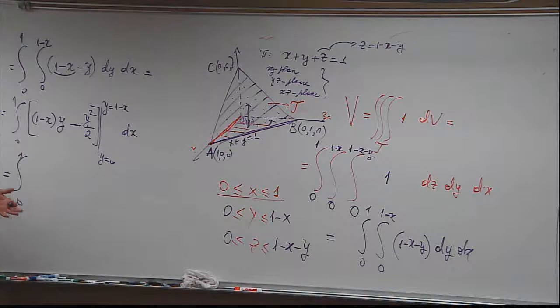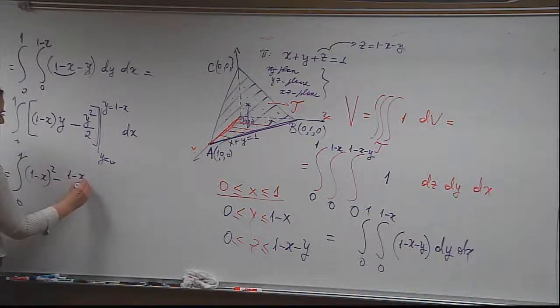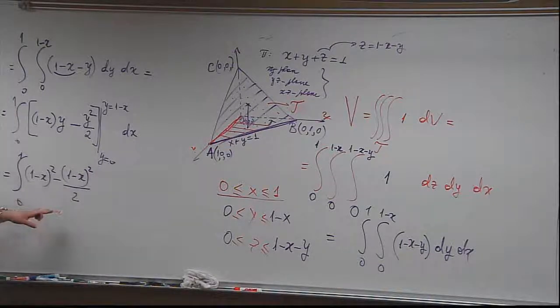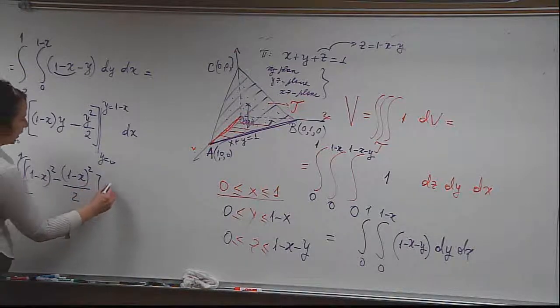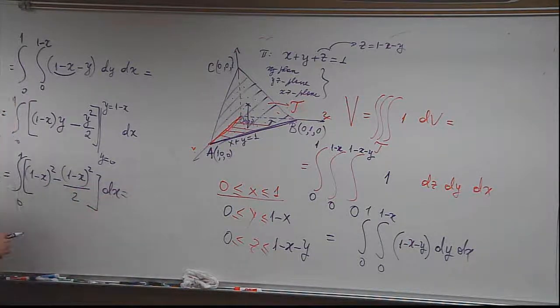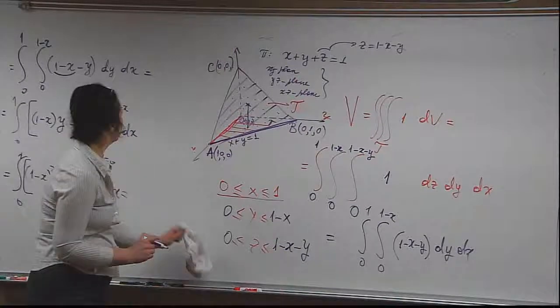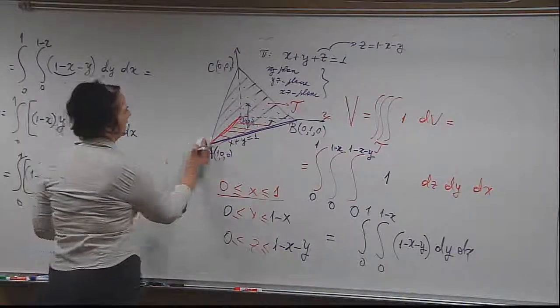Life is not so bad. Why? 1 minus x times 1 minus x is 1 minus x squared. I could think faster. You could think faster than me, but I don't want to rush. 1 minus x squared over 2. So it's not bad at all. Look, I'm getting this guy who is beautiful in the end when I'm going to integrate. And you have to keep your fingers crossed for me because I don't know what I'm going to get.